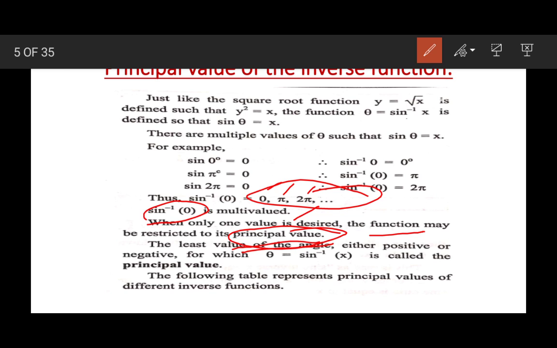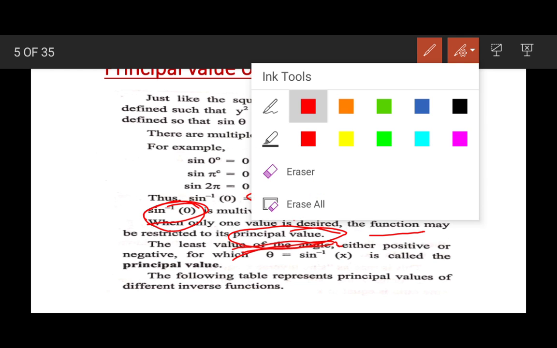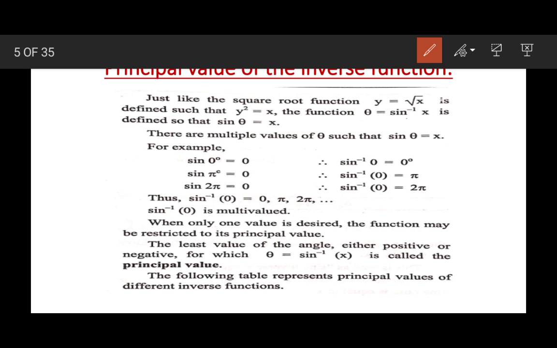We have to restrict this sine inverse 0 to its principal value. And what does that mean? The least value of the angle, either positive or negative, for which theta is equal to sine inverse x, is called the principal value.